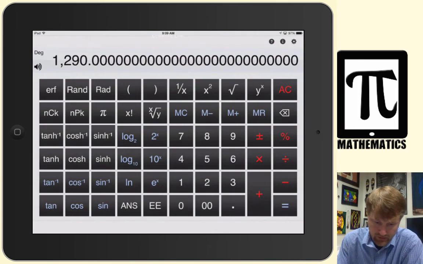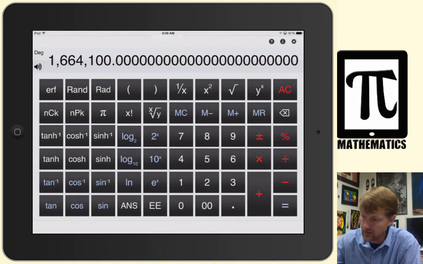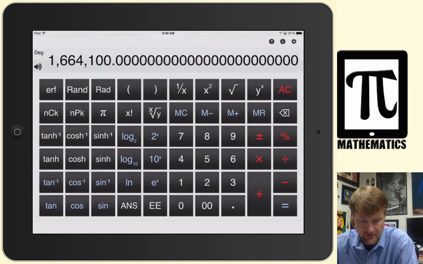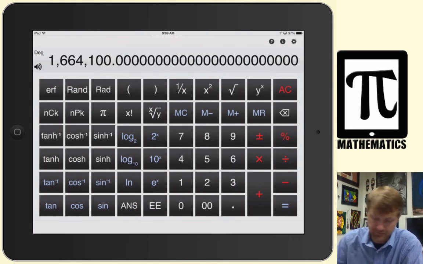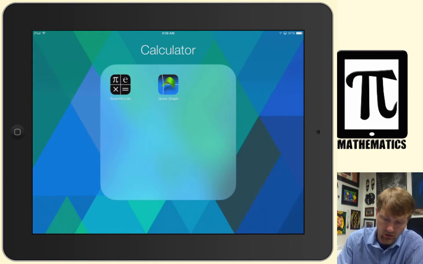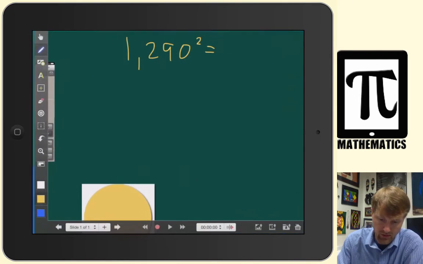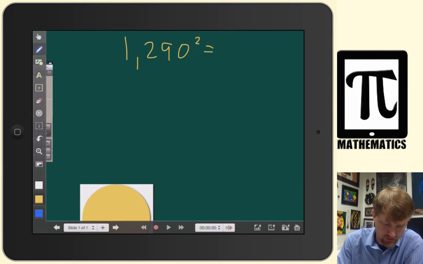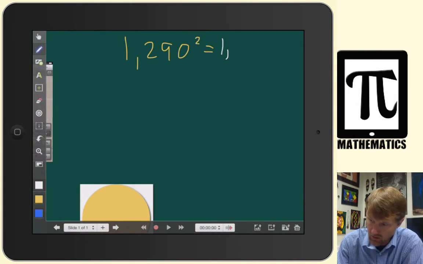1,290. We can square it, so it's 1,664,100. So we go back to our property here, equals 1,664,100 feet squared.